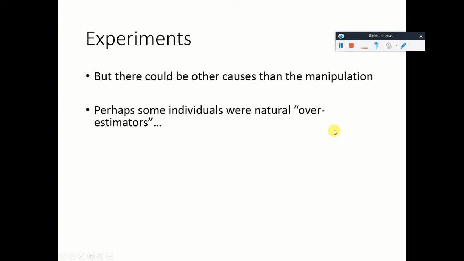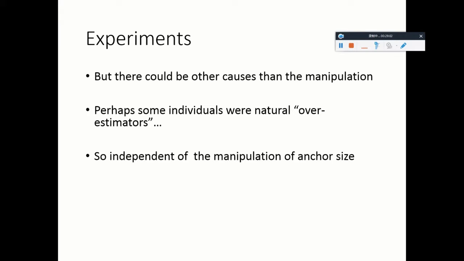That is, these people, by their personality, tend to overperceive or overestimate a particular quality of a person, right? Whereas other individuals are naturally underestimators. That is, they tend to underestimate a particular quality of the individual. So that is regardless of our manipulation, right?